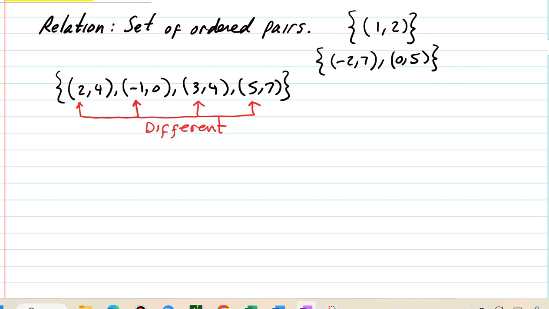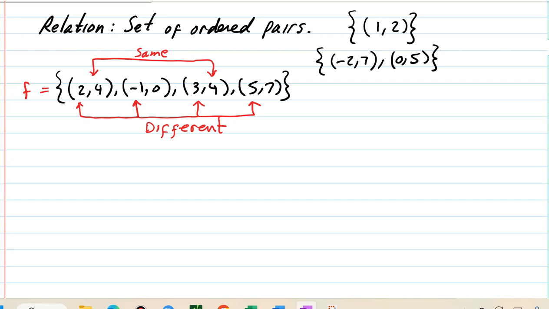If I look at the second numbers, they are different, except a couple of them are the same. So this is indeed the definition of a function, and we use the letter F to indicate the set that is a function.